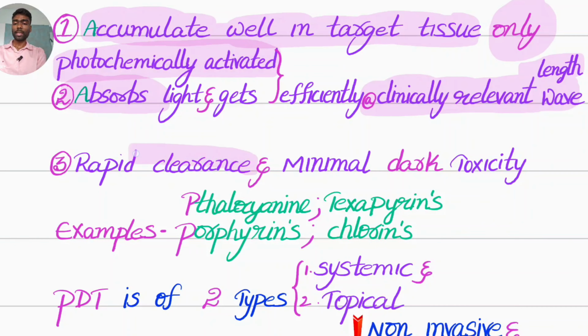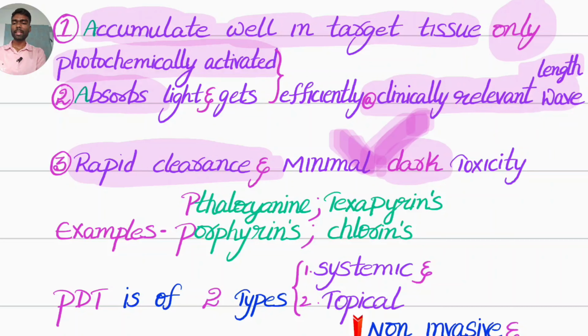It should have rapid clearance with minimal dark toxicity. This photosensitizer should get activated when exposed to light only. If it is getting activated even in the absence of light and giving any harmful effects, that is called dark toxicity. So it shouldn't have any dark toxicity.